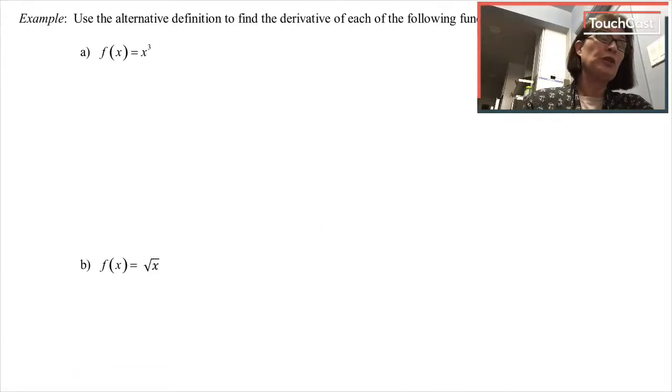All right, so I'm going to use that new alternative form of the derivative to find the derivative of x cubed. Pay close attention because I'm going to leave letter B as an exercise for you.